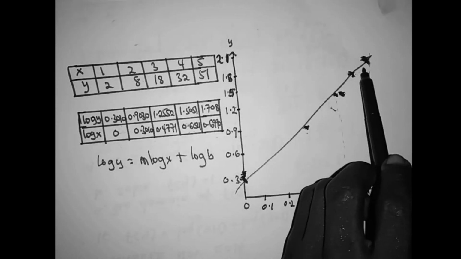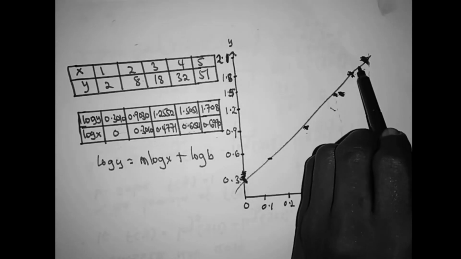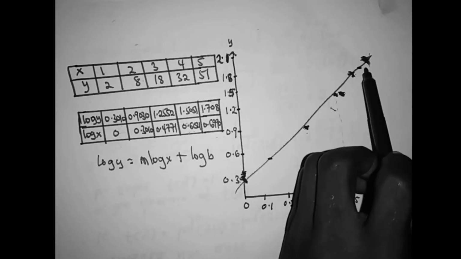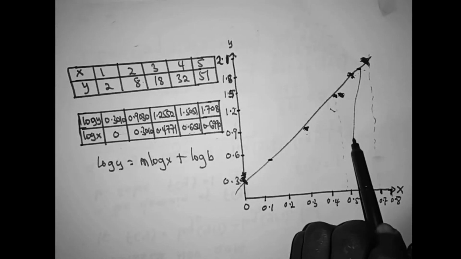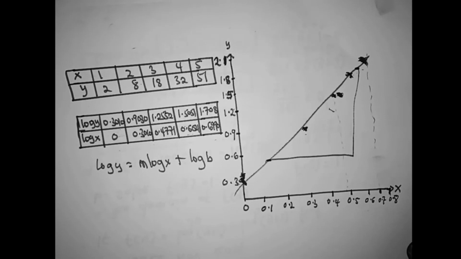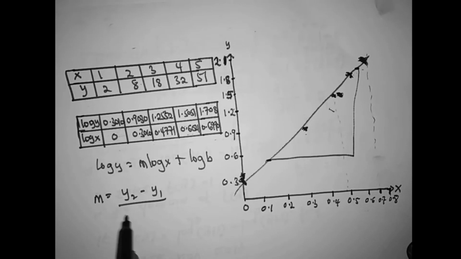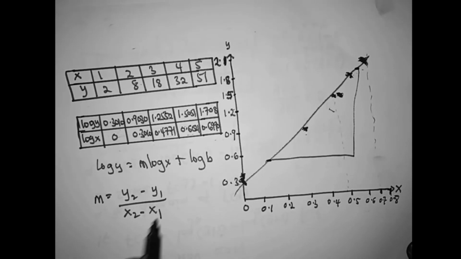the next thing is we are supposed to find the gradient of this curve. For the gradient, we need to find 2 points. So let's assume that we have found some 2 points here, and then connect them, and use that as our reference frame to find the gradient. So now we know that m is equal to y2 minus y1 divided by x2 minus x1.